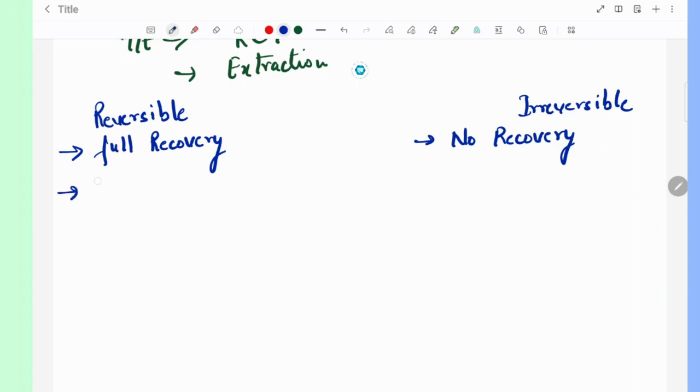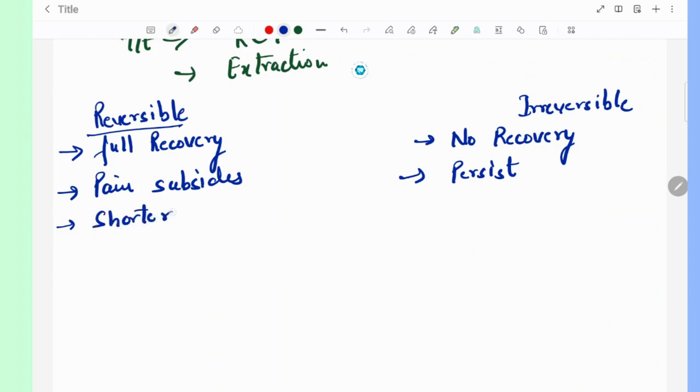In reversible pulpitis, the pain subsides on removal of the irritant, while in the irreversible, it persists even on removing the irritant or the stimuli. In the reversible pulpitis, the pain is of shorter duration, while in the irreversible pulpitis, it may last for minutes to hours.